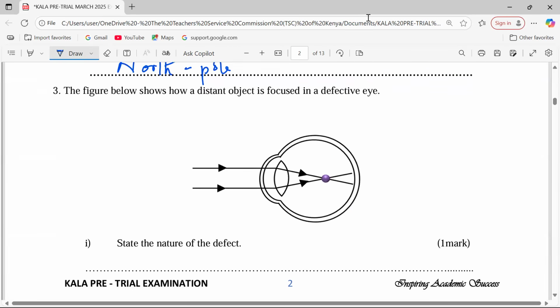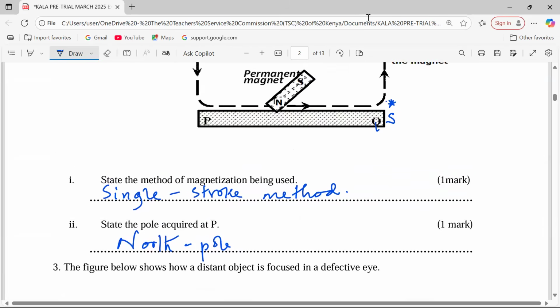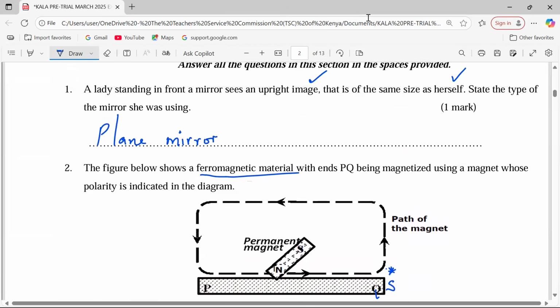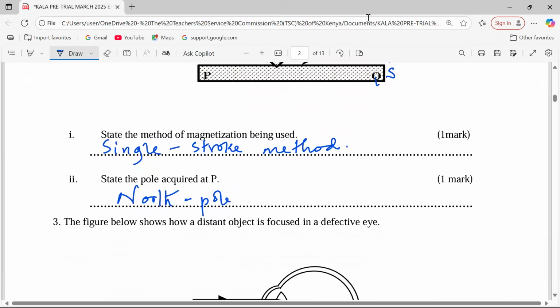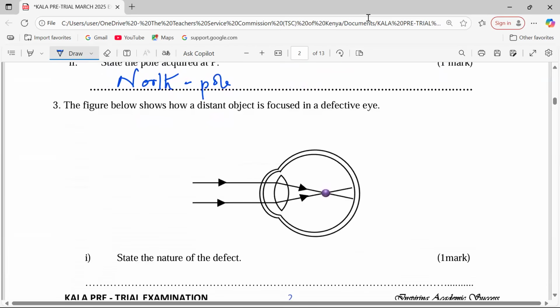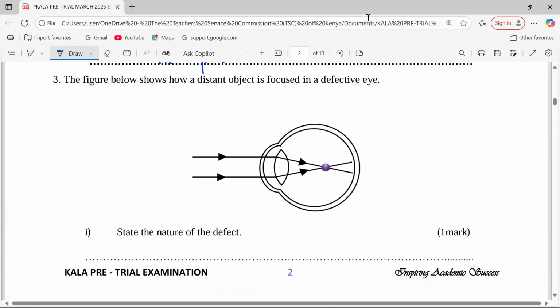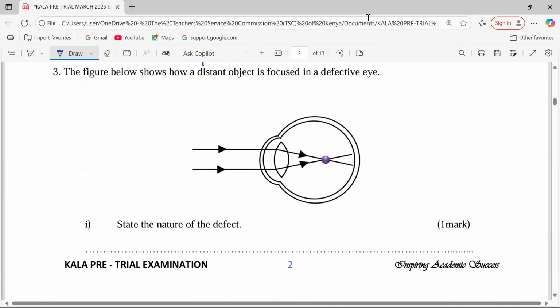So now we are on geometric optics after electricity and magnetism. And even in number one, we were on geometric optics.